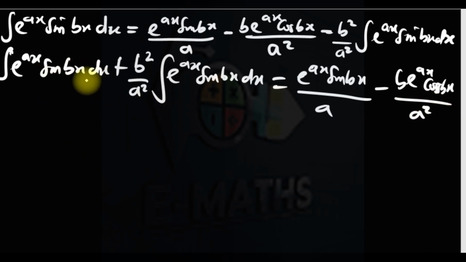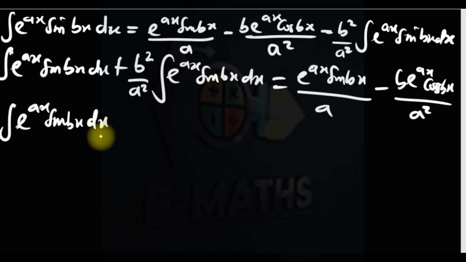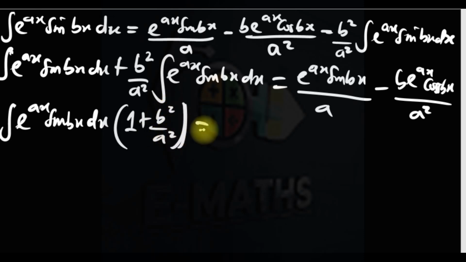So what is common? This. So I factor this. So if I factor e raised to power ax sine bx dx, I'm left with 1 plus b squared over a squared. So that's what is common.